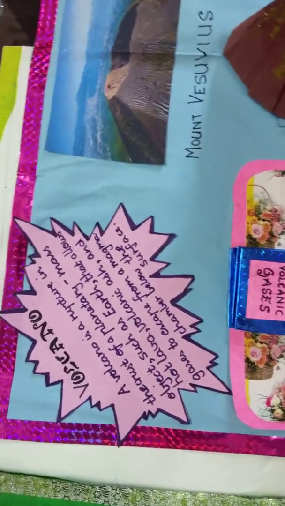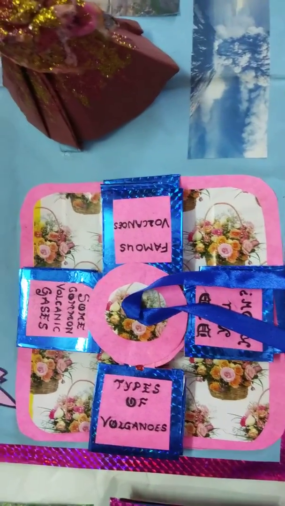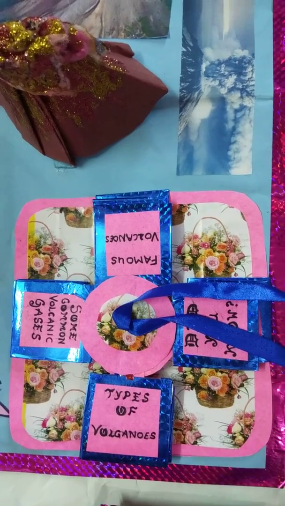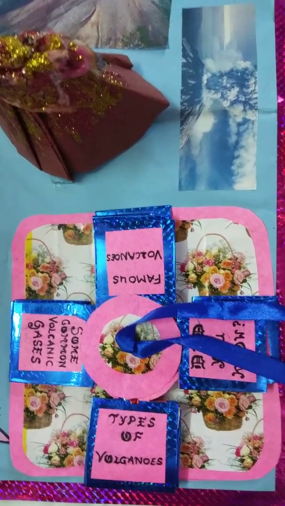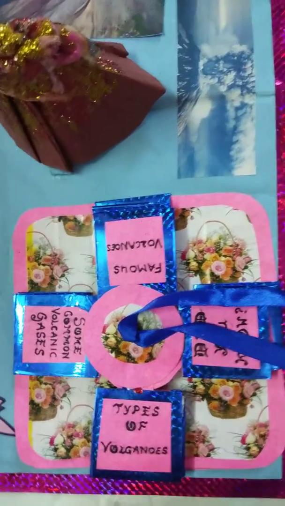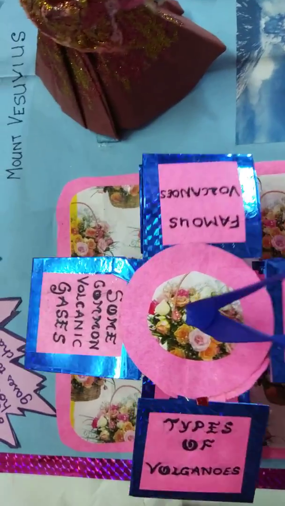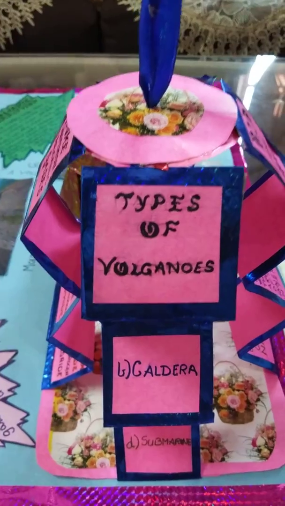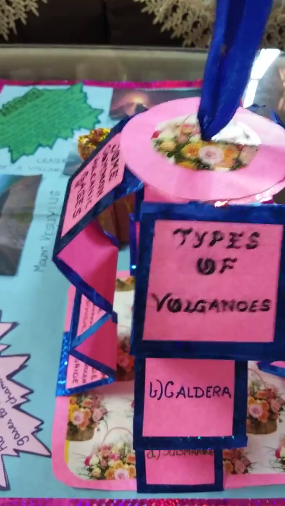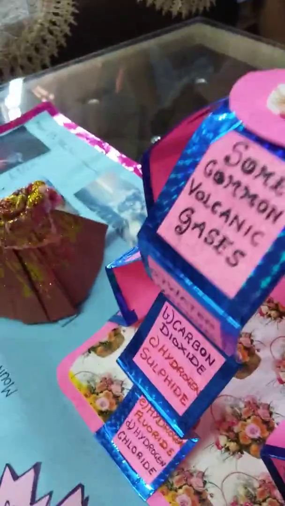Next, we see the definition of volcano on one side, and then there's a pop-up showing different points related to volcanoes, like the types of volcanoes, some common volcanic gases, famous volcanoes, and do you know. This kind of pop-up is easy to make and gives the project a different look which is quite attractive.